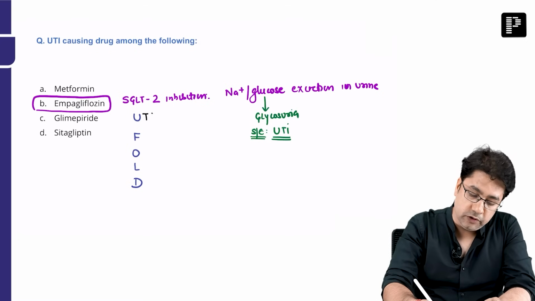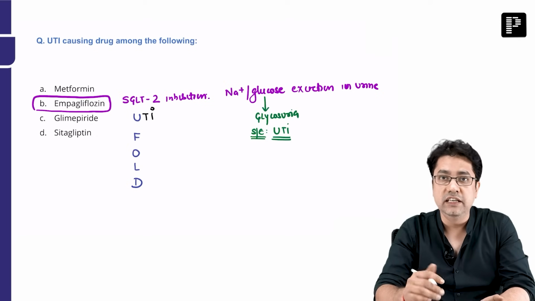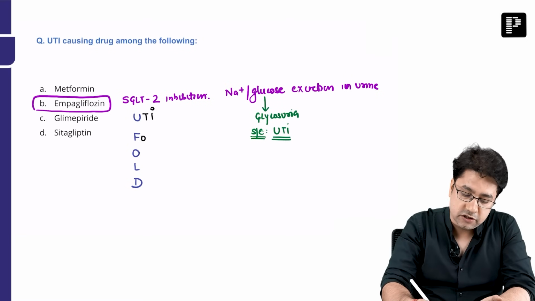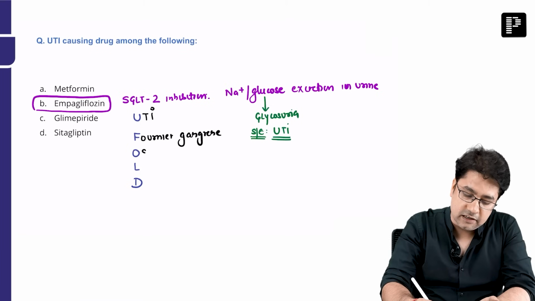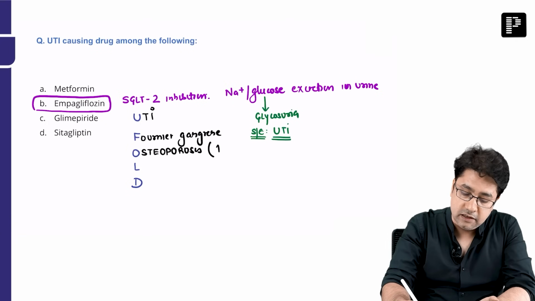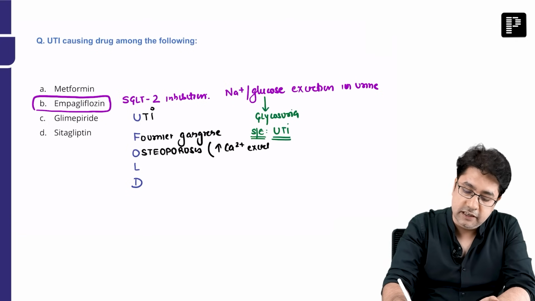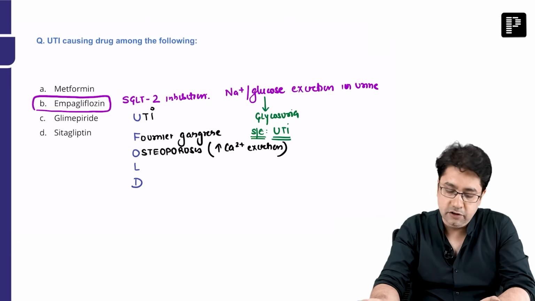U for urinary tract infection. Also, it can lead to infection in the genital area, which leads to Fournier's gangrene. Now, these drugs also increase the risk of osteoporosis. The reason is, apart from sodium excretion, these drugs also promote calcium excretion, which leads to bone destruction because calcium is going in urine.